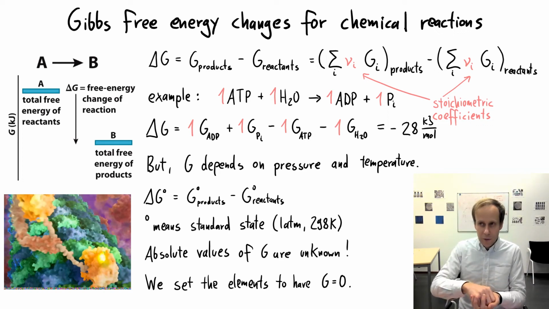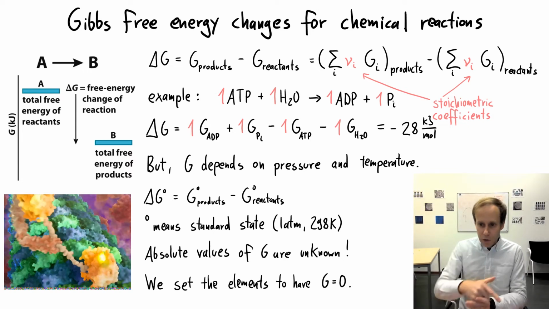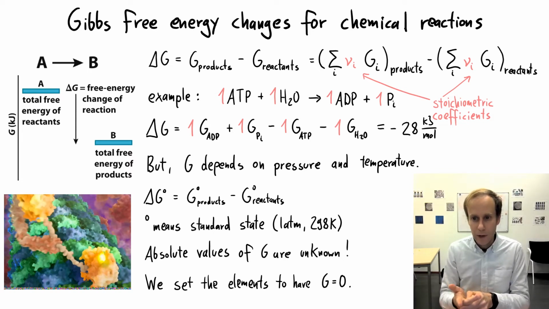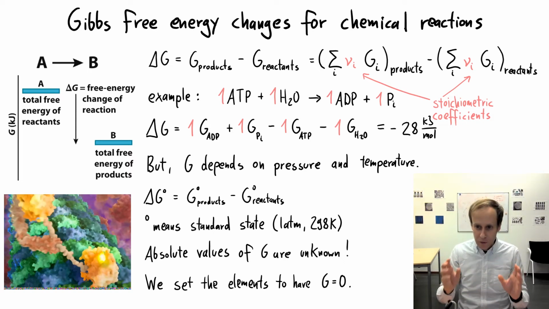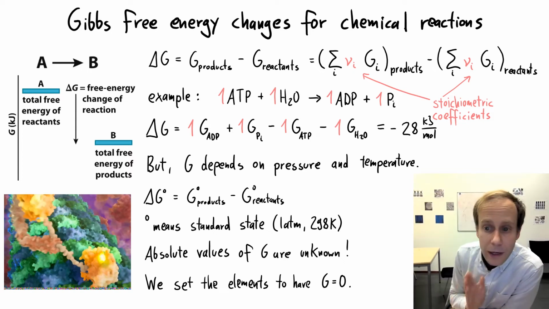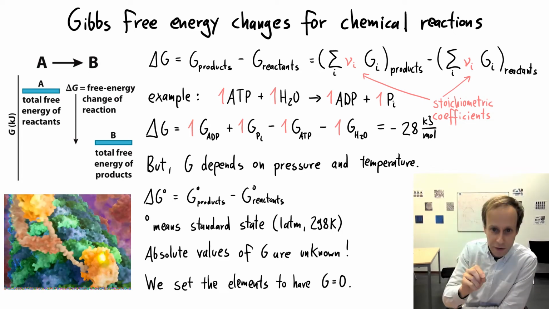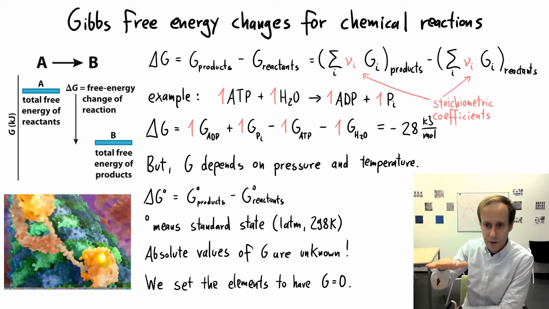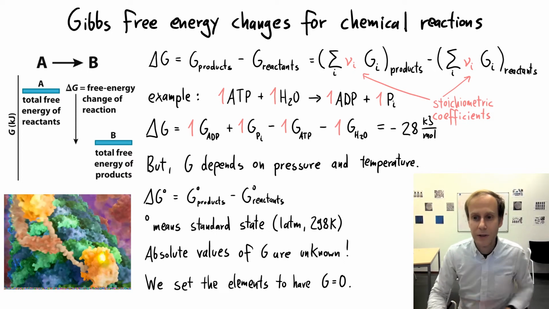That means, for instance, pure oxygen, pure nitrogen, pure hydrogen, or pure sodium, for whatever component you have. For those elemental states, we say the free energy is 0. It is not really 0, but we just set it to be 0 as our reference state, right? This is quite useful, as you will see in the following slide.